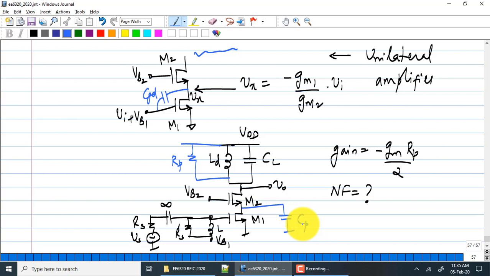Okay. So the noise sources are RP, which is a physical resistor. It will add noise. M2 hopefully does not add too much noise. M1 adds noise. RS prime adds noise. And of course RS adds input source noise. Even if you assume that RP, M1, M2 are noiseless, what is the noise figure if they were all noiseless?